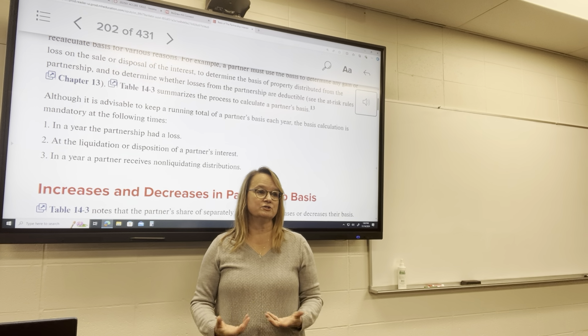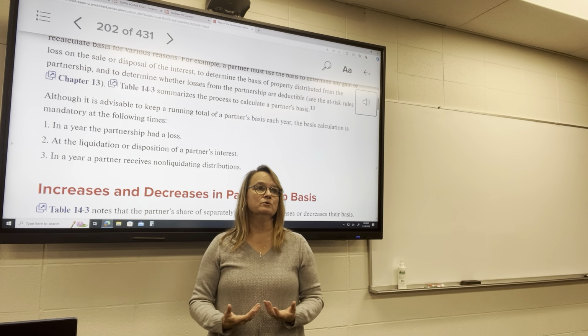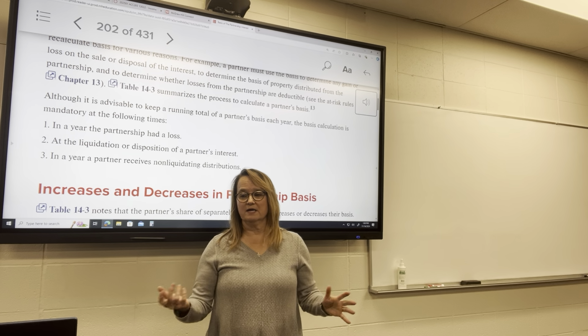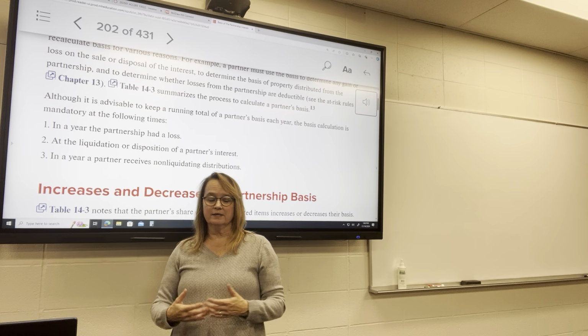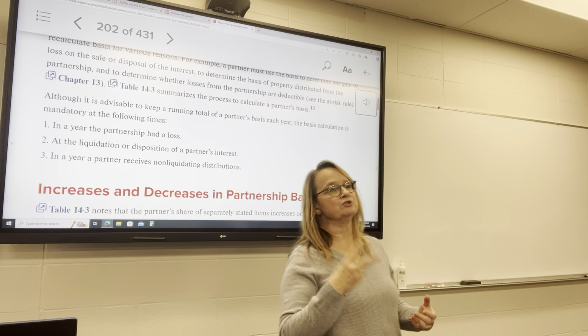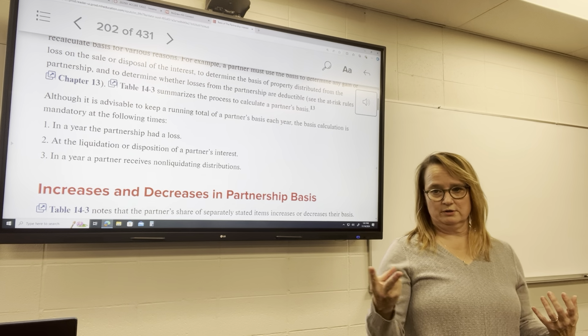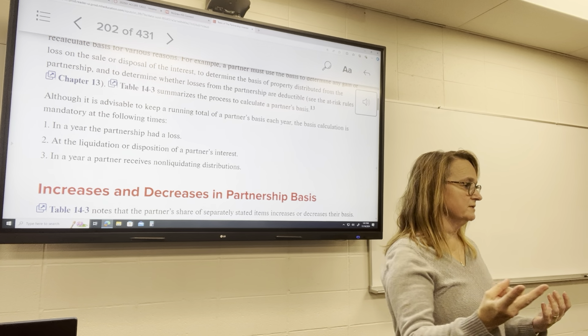And you can think of it in terms of, say you spend $100 on a stock, we got 2 shares of stock. It's $50 for each share. So now we've got $100 basis in that.